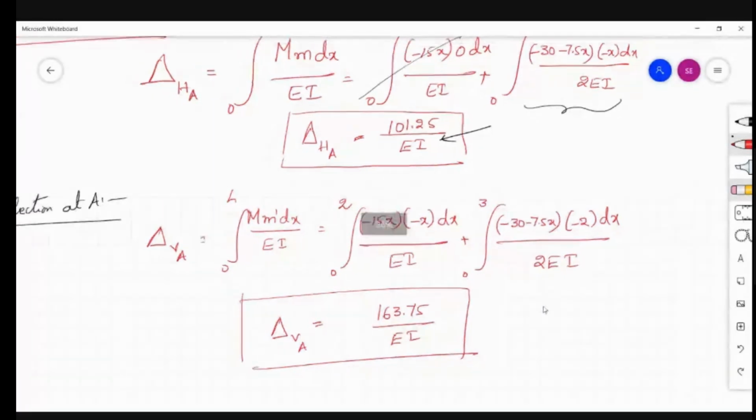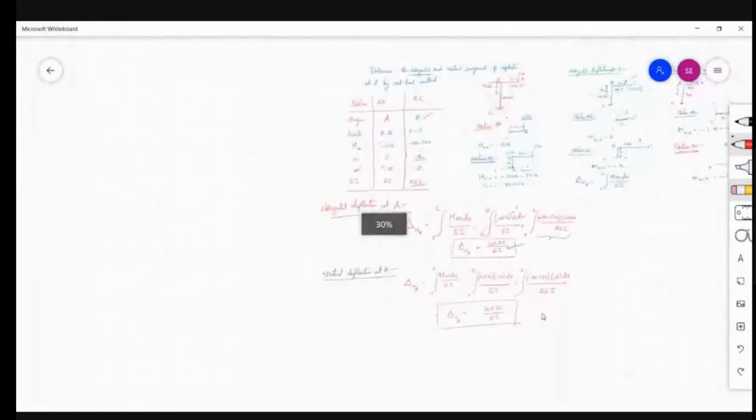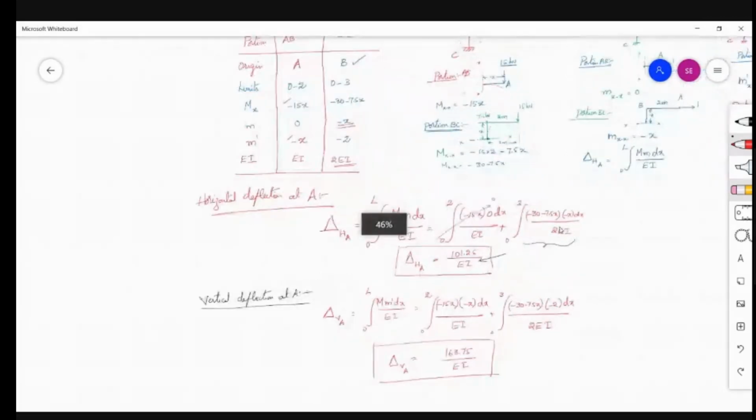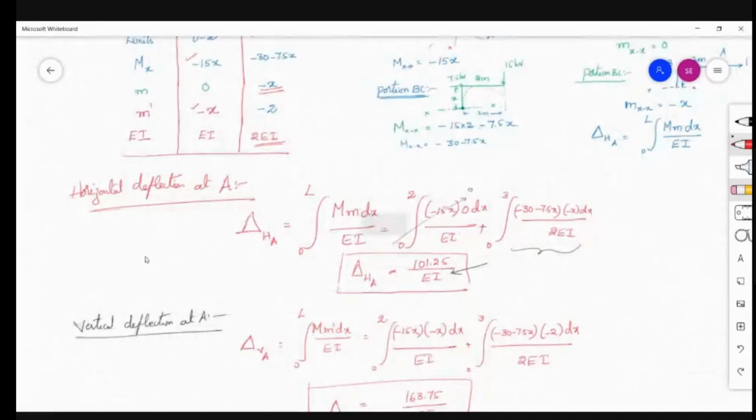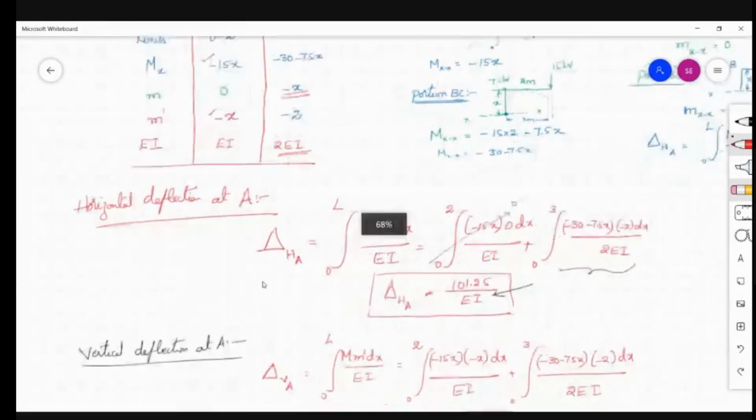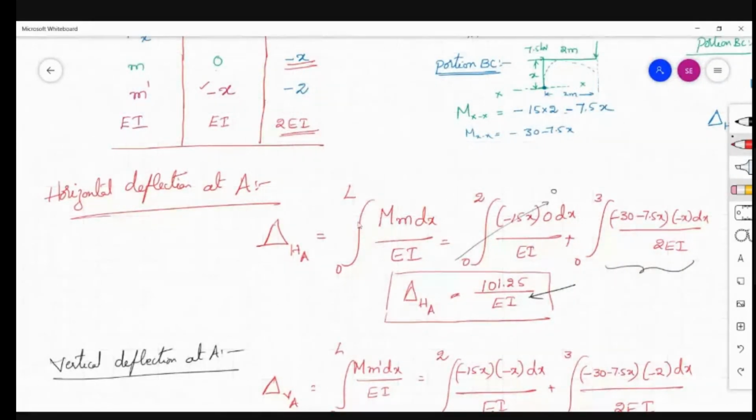So let us once again see the entire problem. Okay. So see, for the horizontal deflection, what we have taken is 0 to L, capital M into small m into dx by EI.